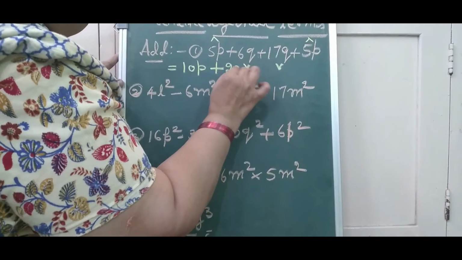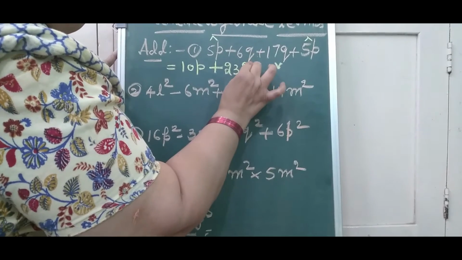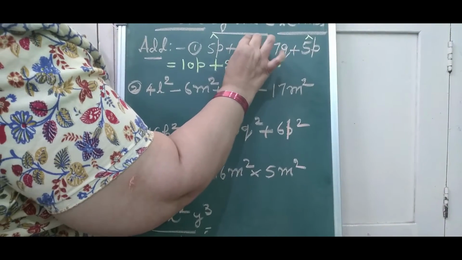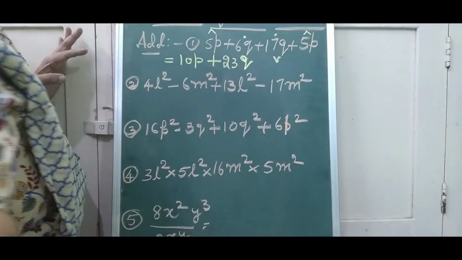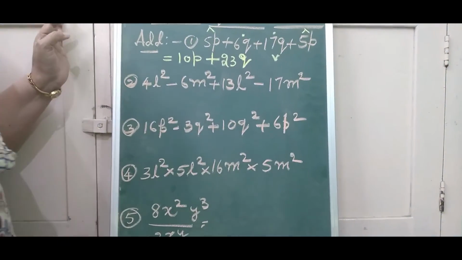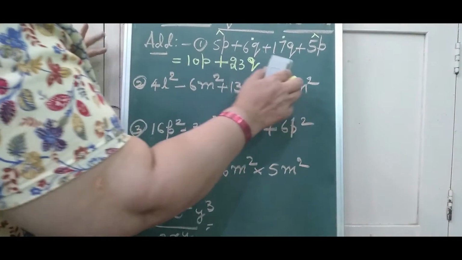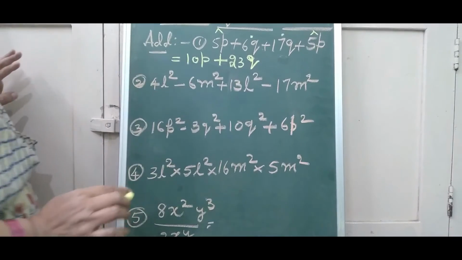I am writing 23q. Again here I can mark this by dots, 6q and 17q. So this will be 23q. 10p plus 23q will be the answer.